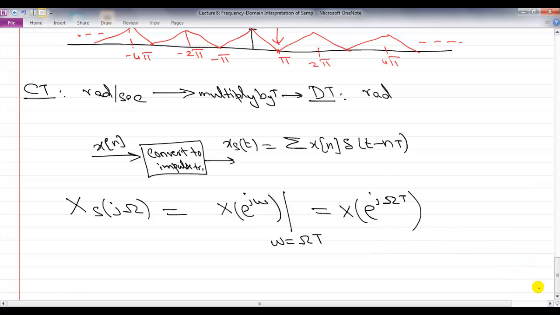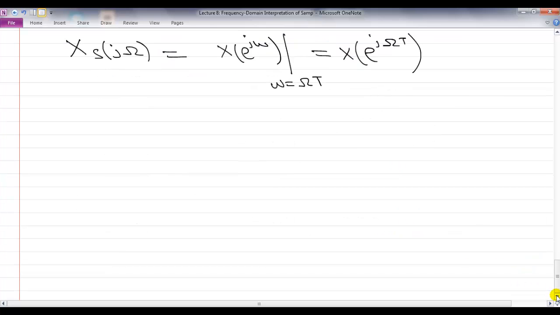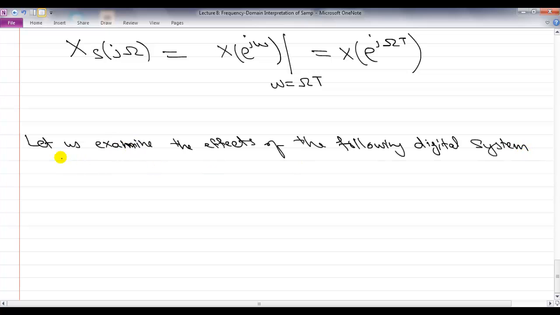So let's now, armed with all of these expressions, ask ourselves, I'm not going to, by the way, include in these block diagrams the blocks of either decimation or expansion. If they come up, you can easily incorporate them. Right now, I'm going to ignore them. So let us examine the effect of the following digital system on the input frequencies.